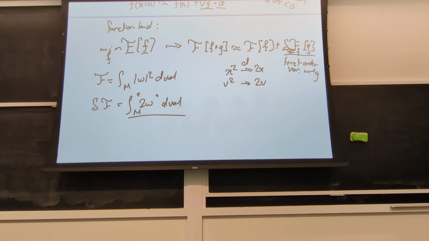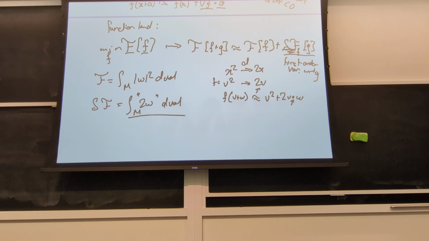So in order to make sense of this, we look at what this actually means. This means that in vector land, if we look at f of (v + w), where f is equal to this, then this is approximately equal to v squared plus 2v dot w. So we have this dot product over here, right?